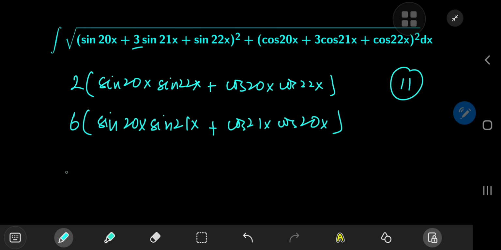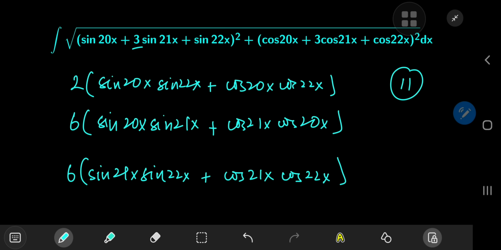And again, you have 6 times the sine of 21x times the sine of 22x and the corresponding product for the cosine as well.